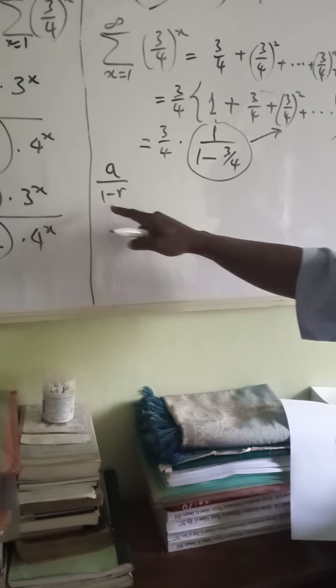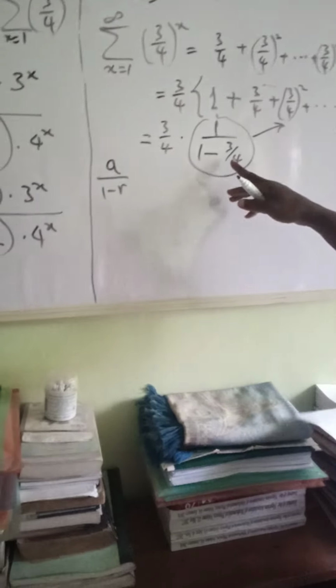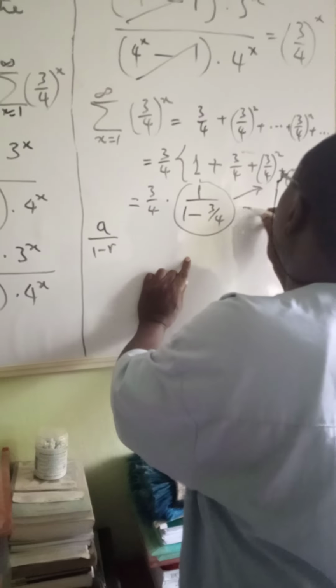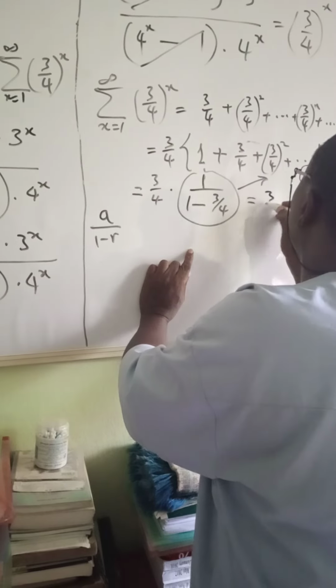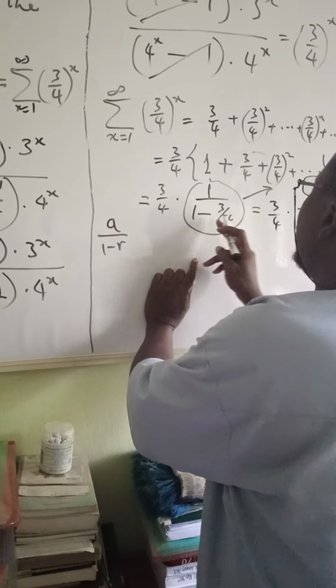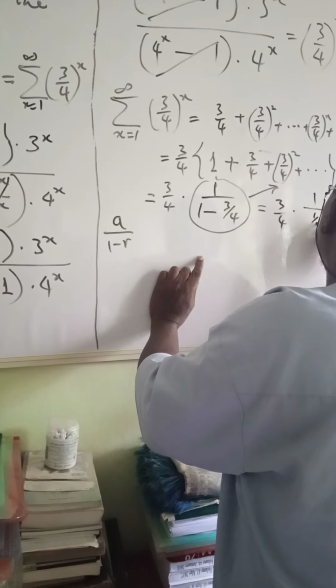With the understanding that the sum to infinity should be A over 1 minus R, because our R is less than 1. Okay, that simplifies to be this 3 over 4 times 1 over, if I remove 3 over 4 from 1, I will have 1 over 4 left.